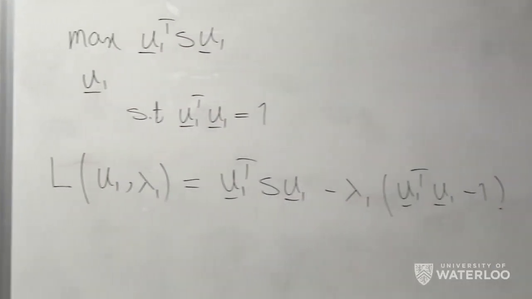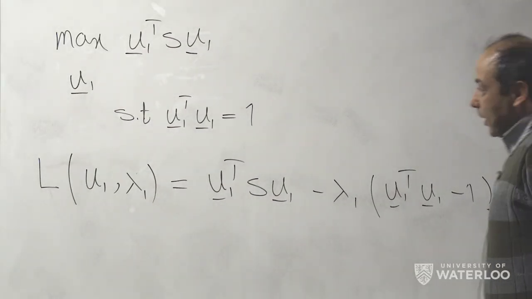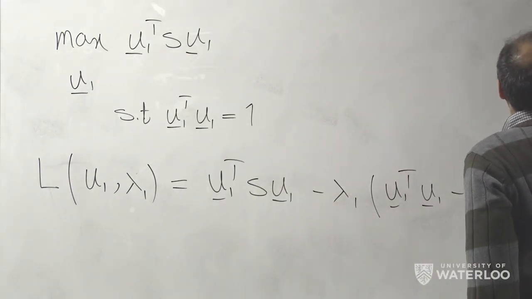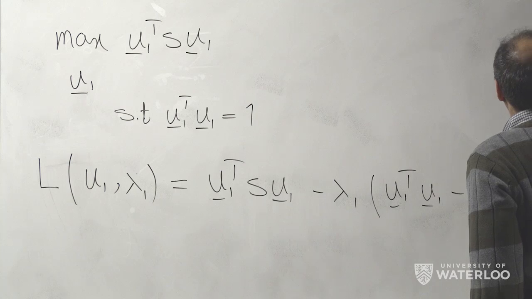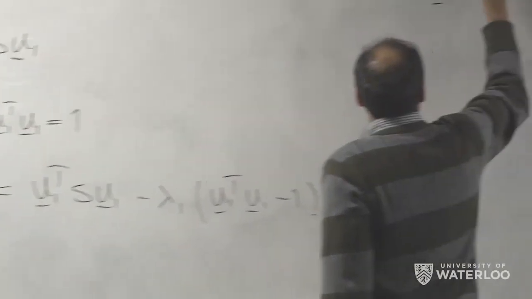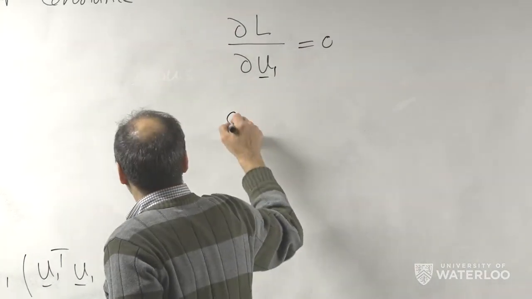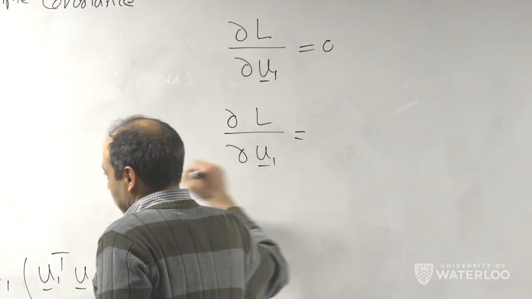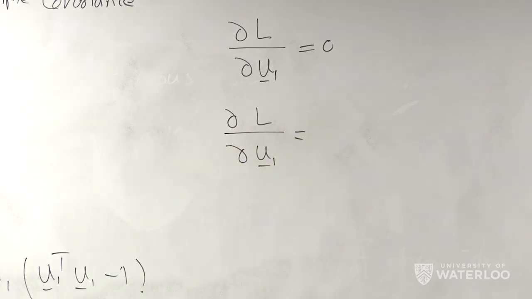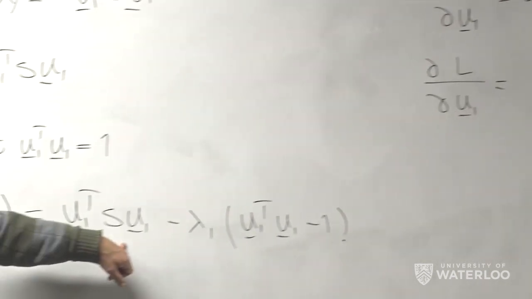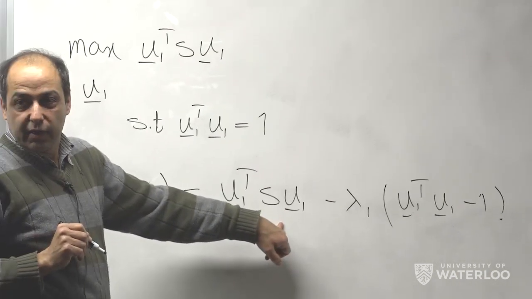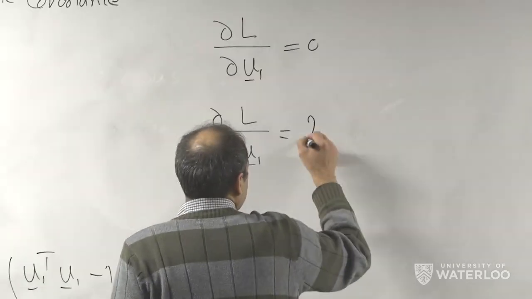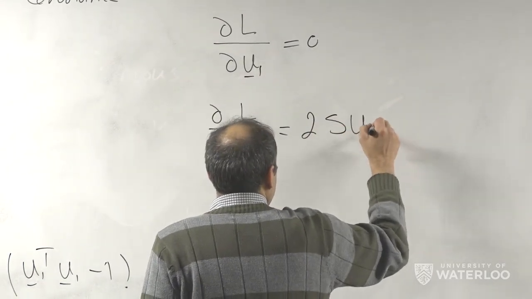Now I need to take the derivative of this. Basically, I need to find the saddle point of the Lagrangian and set it to 0. When I take the derivative of the Lagrangian with respect to the primal variable, I have u1 transpose S u1, and it's quadratic, right? The derivative would be 2 S u1.